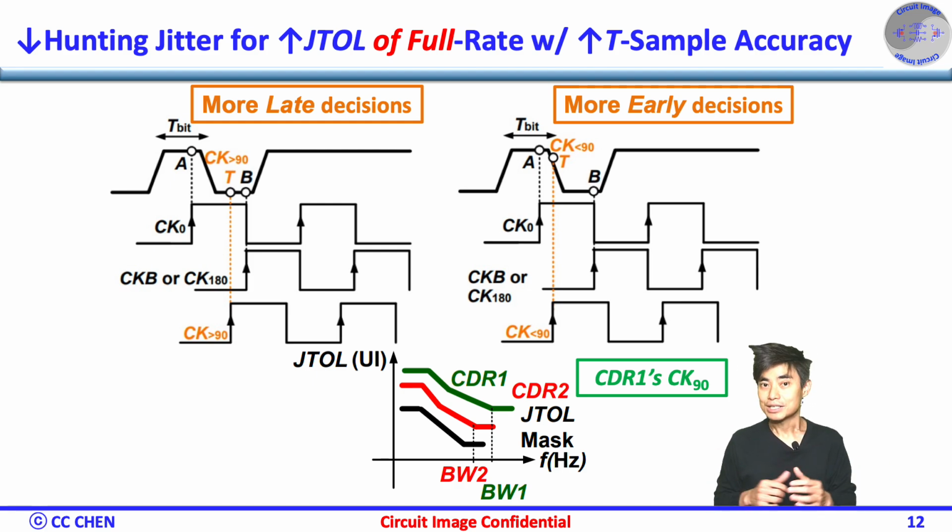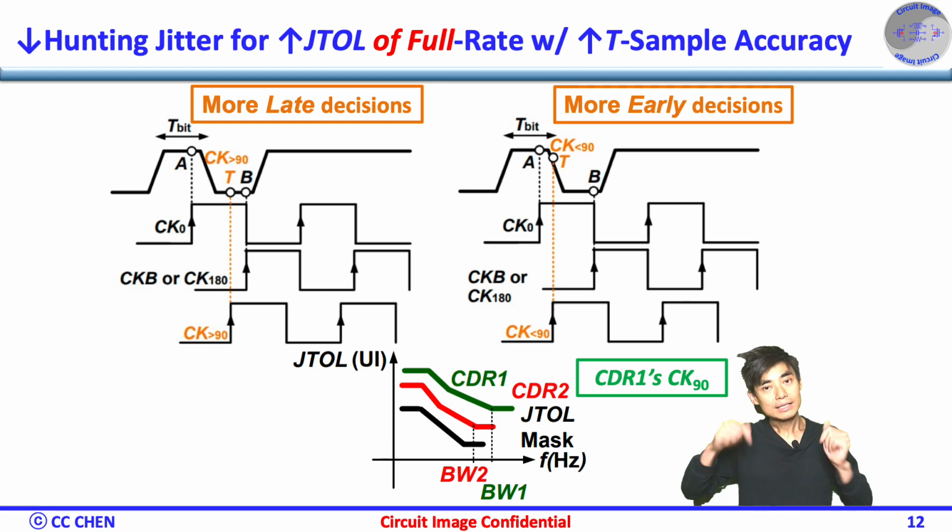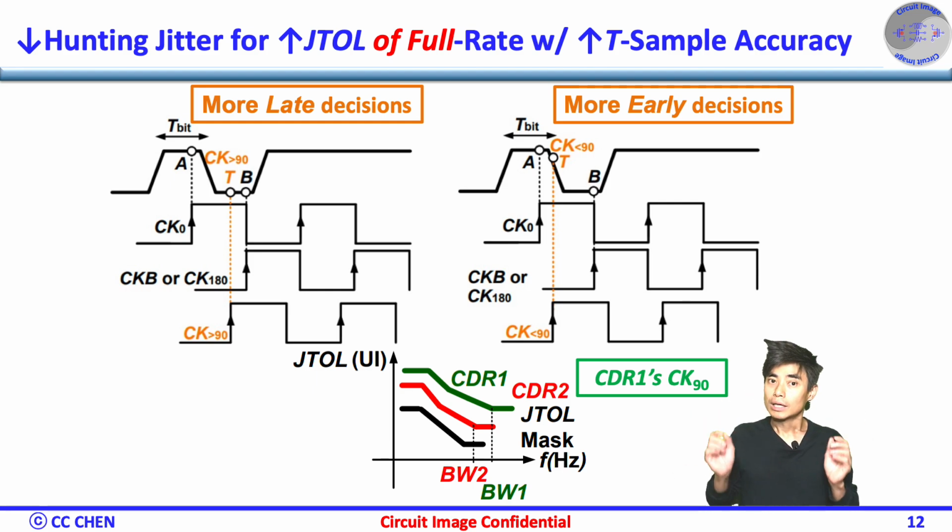The wrong decisions will eventually result in a bigger error rate or a lower J-tau due to the higher hunting jitter or equivalent less eye width.